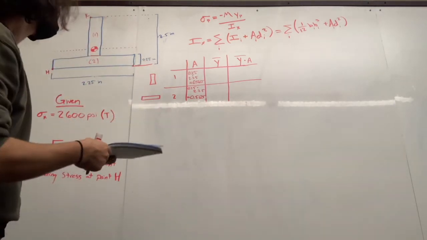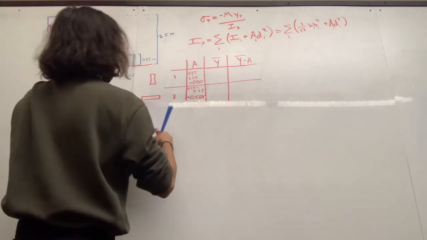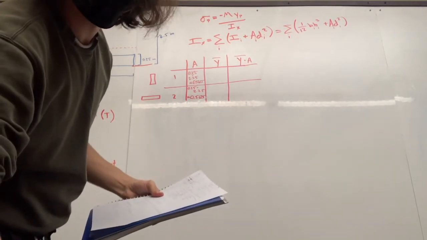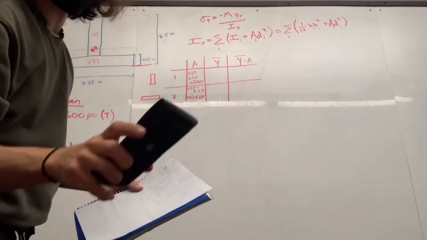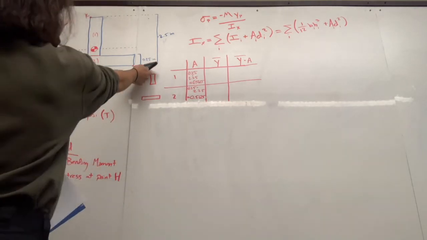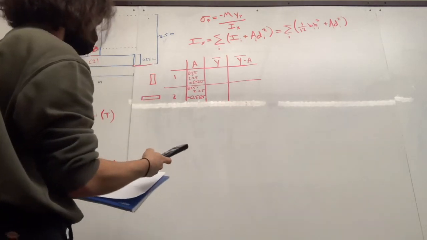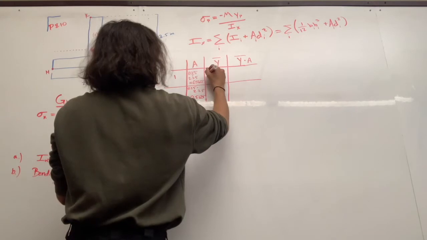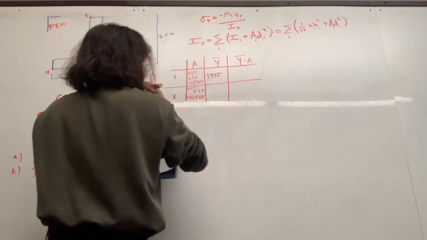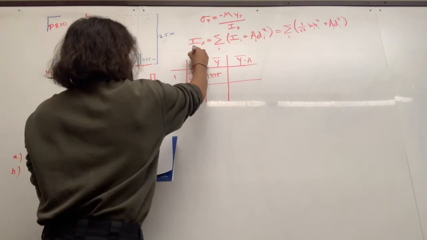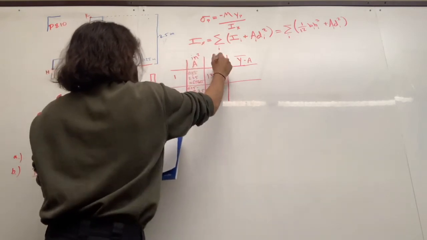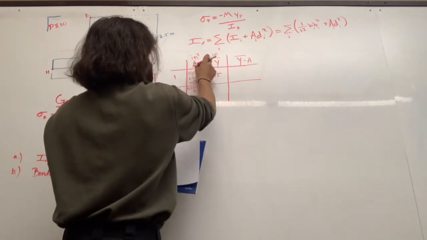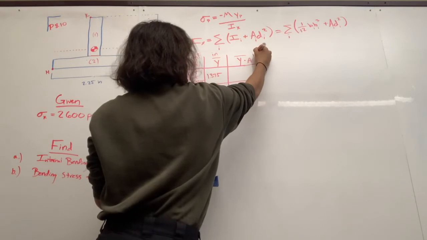So for this top shape, it ends up being 2.25 divided by 2, which is 1.125, plus 0.25, which gives us 1.375. And these units, area obviously is in inches squared. This y bar is just in inches. And then since we're multiplying these two together, we'd be left with inches to the third for this term.